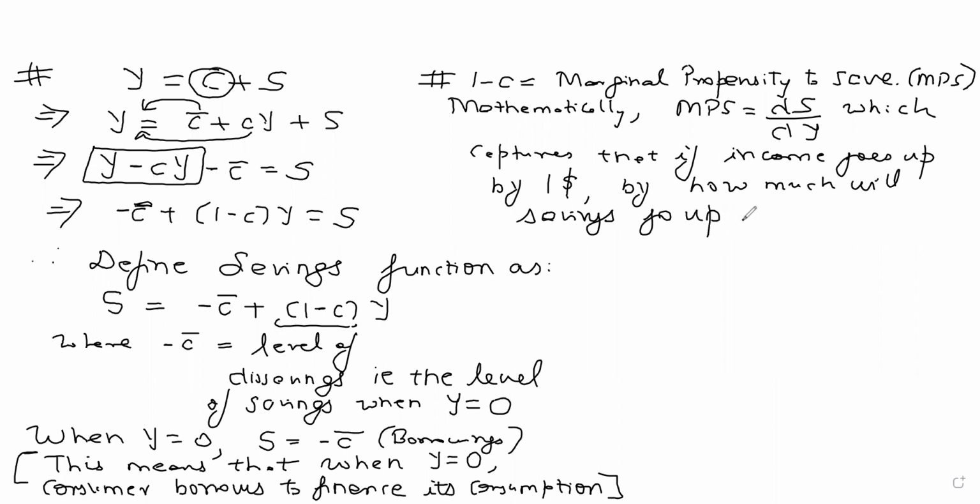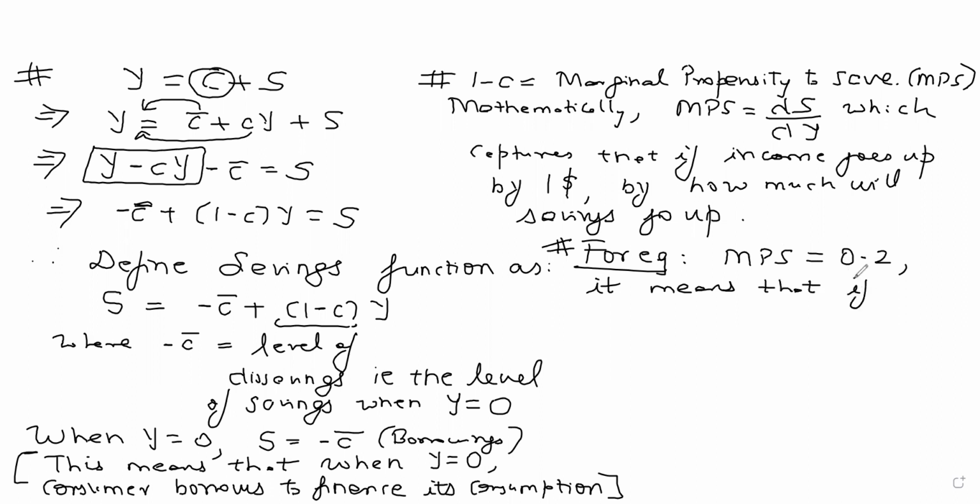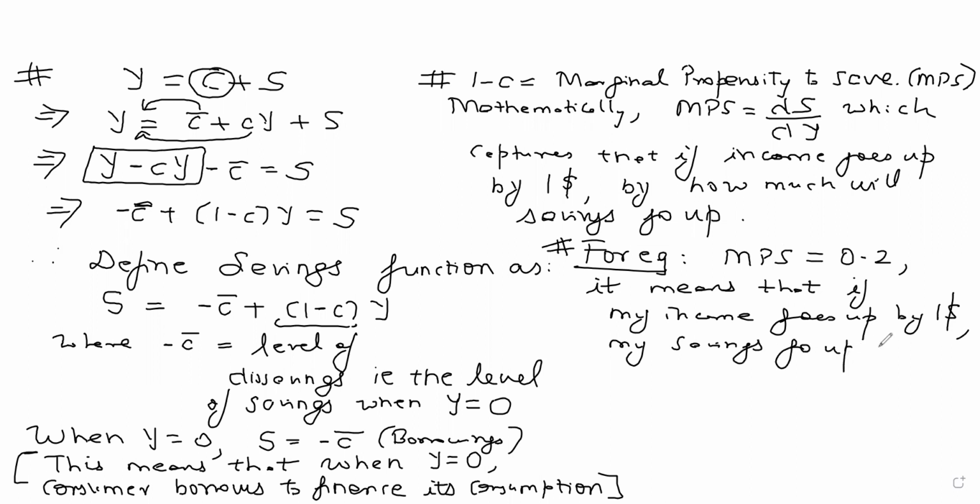So MPS is going to capture that if your income goes up by $1 more, by how much will your savings go up? For example, if my MPS is 0.2, it means that if my income goes up by $1, my savings go up by $0.2 or 20 cents.